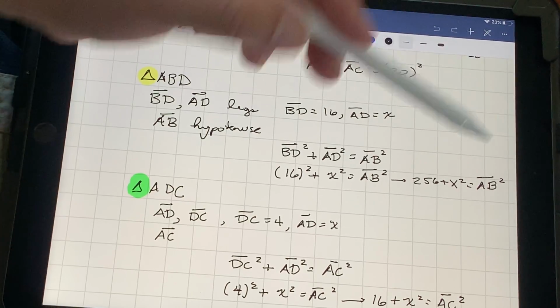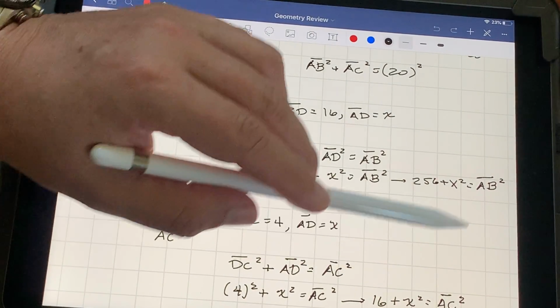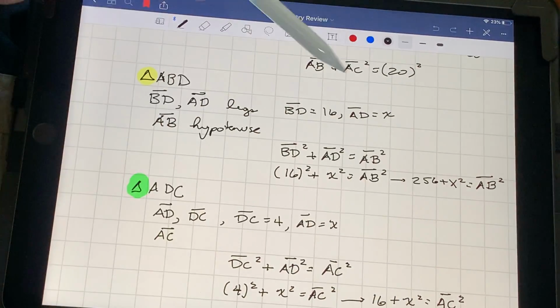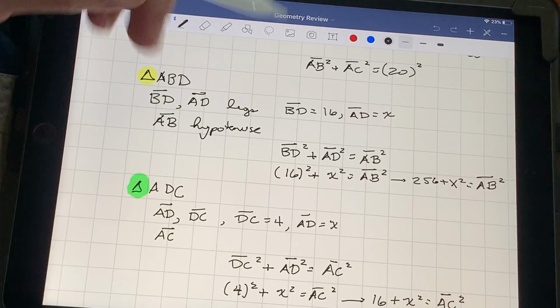So that means that I can take these equations and replace them here.